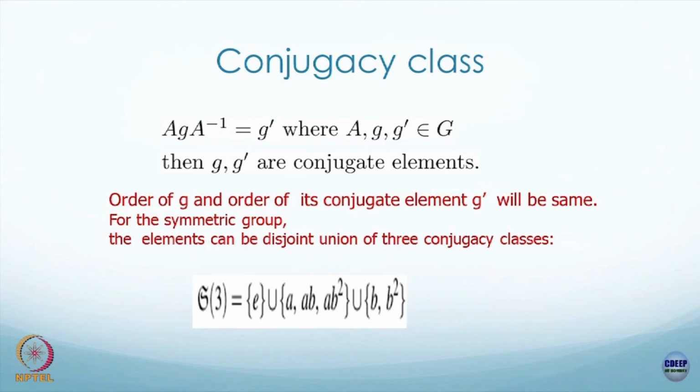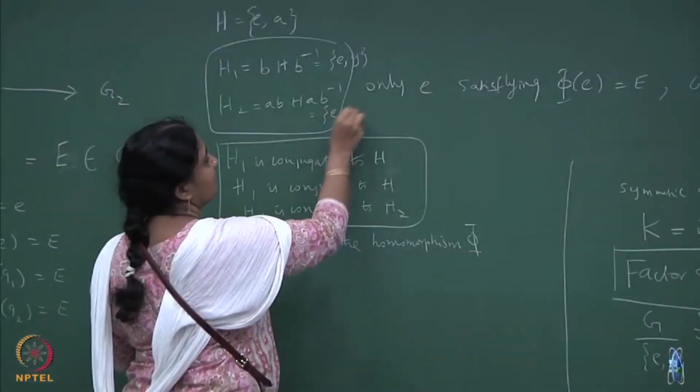Suppose the element A had a certain order, say the order of A was 2. Then the conjugate element which you find, G prime, in case you find that, should also have order 2. So, in this particular case H1 had a set of elements, again 2 elements. This one is E and another element.